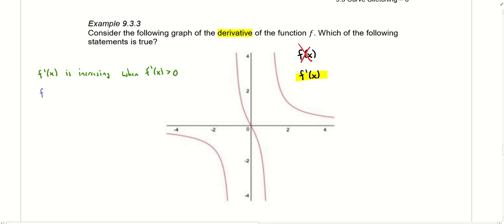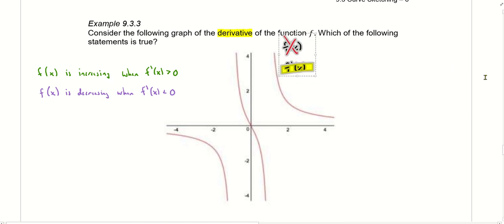And our function f of x is decreasing when that first derivative is less than 0.